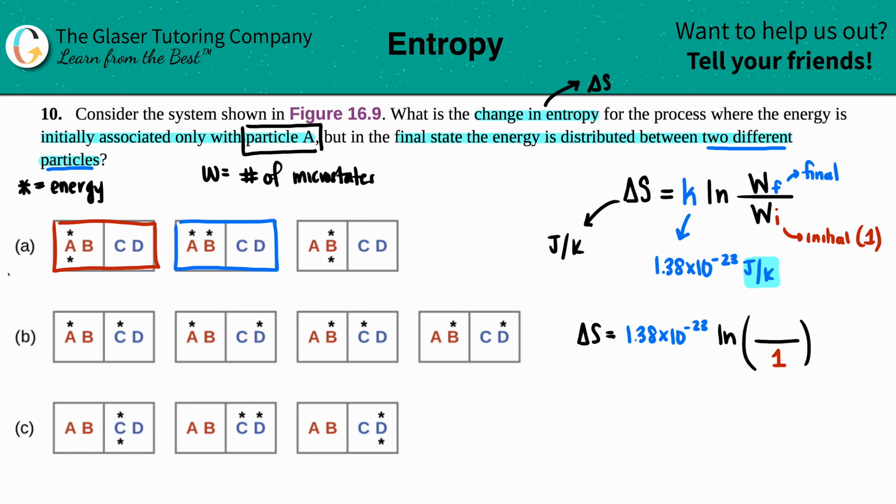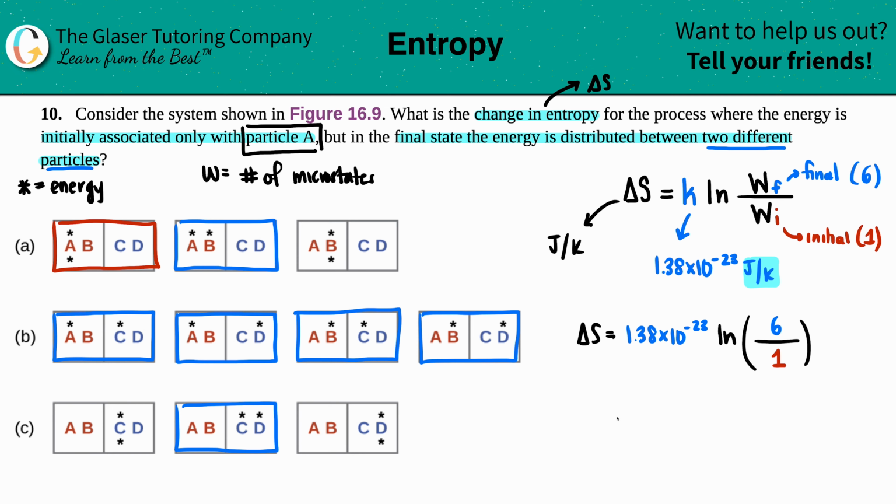That's all B. This one's good. That's A and C. That's 2 different particles. This one's cool. That's A and D. This one's cool. 2 different particles, B and C. Same thing for this one, B and D. This one can't. That's just C. This one, totally, C and D. And this one, no, that one's all D. So there's 6 total blues over here. So my final is just going to be 6.